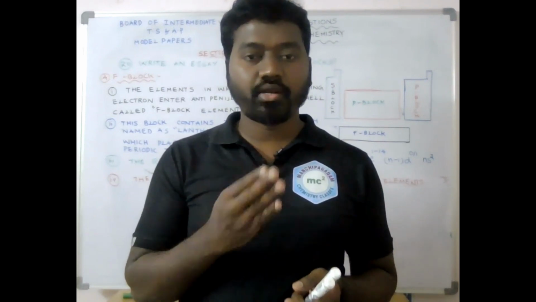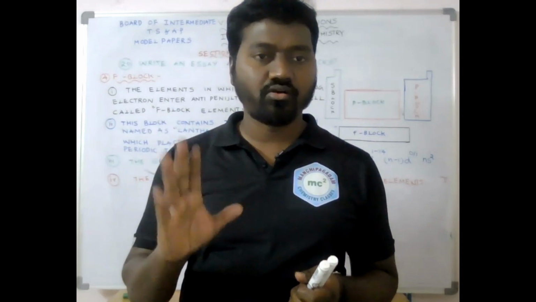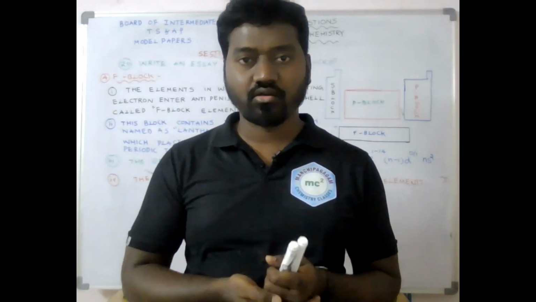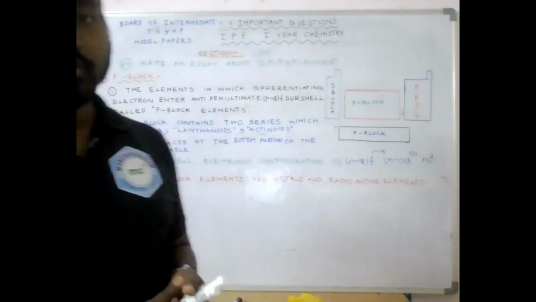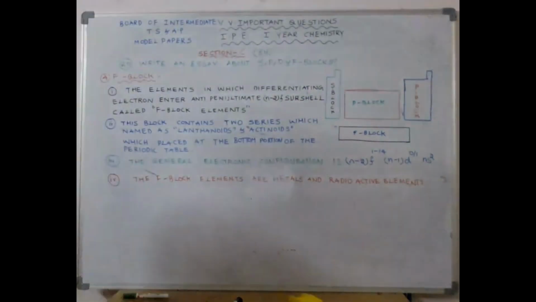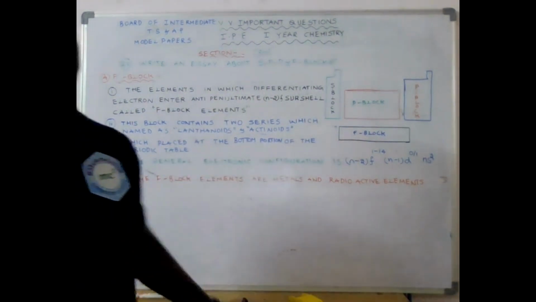And the last, fourth point, you should write any one property of s block, p block, d block and f block. Not only this, you can write anything if you know it. So that's about the general electronic configuration, very, very important. Without writing that, you can't get marks. Okay, this is about f block elements and the essay about s, p, d and f block.